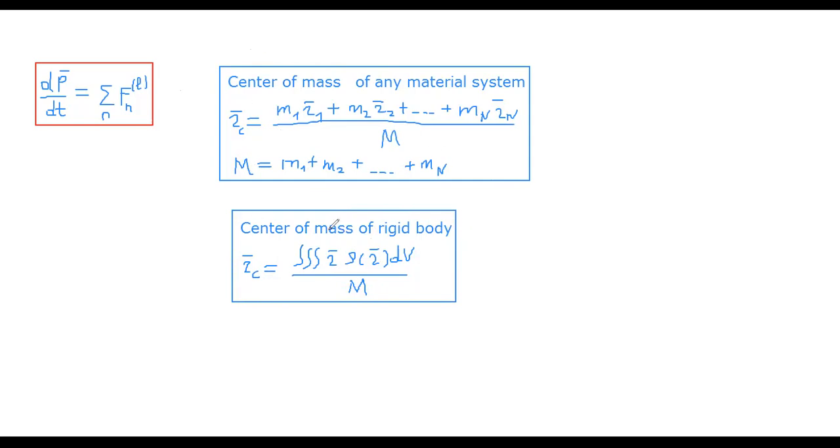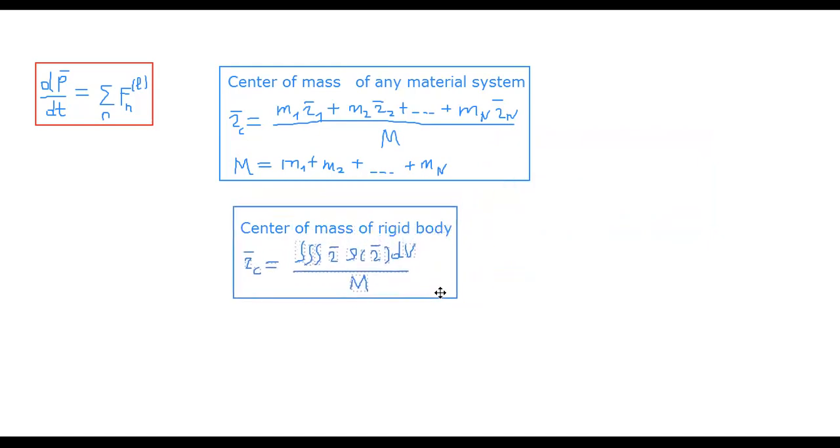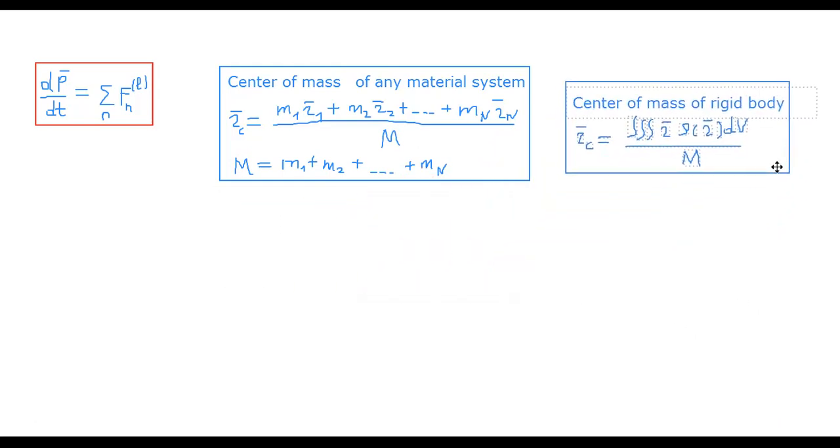As you can see, to find the radius vector of the center of mass, we have to calculate an integral, but it is not always necessary, because there are some useful properties of center of mass.